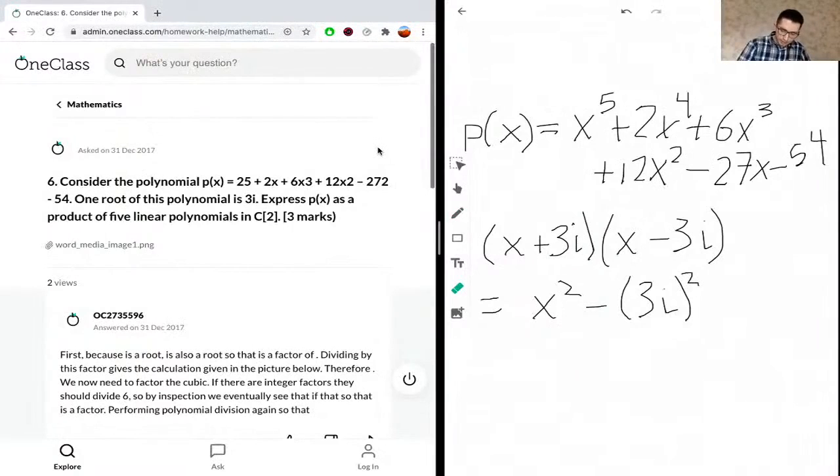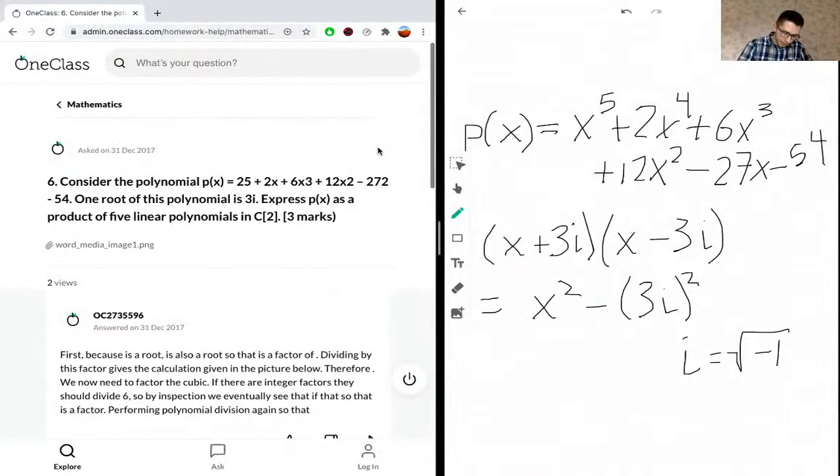We can also define what i is. i is the imaginary number, the square root of negative 1. So knowing this information, we can square the 3, which will give us 9, and we can also square the i. So the square of the square root of -1 will just give us -1.